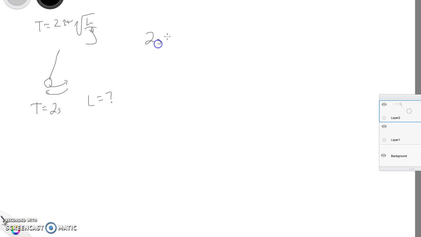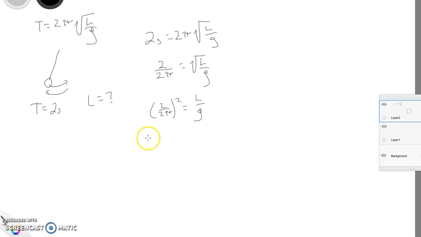Well, 2 seconds equals 2 pi times the square root of L over g. We're going to divide it by 2 pi, so 2 over 2 pi equals the square root of L over g. We'll square it, equals L over g, and then multiply up g.